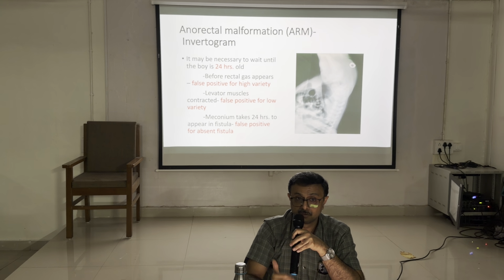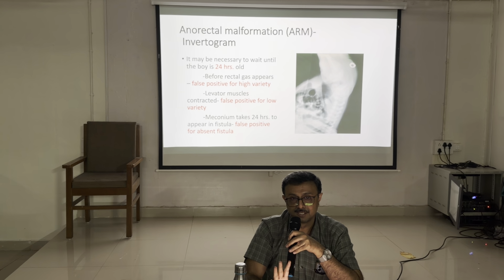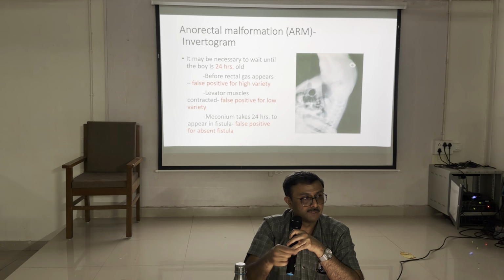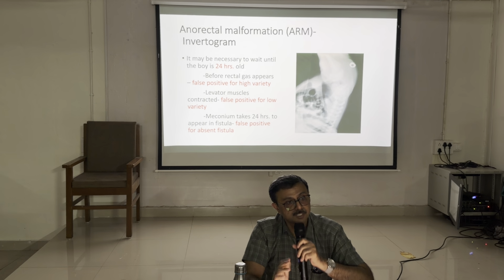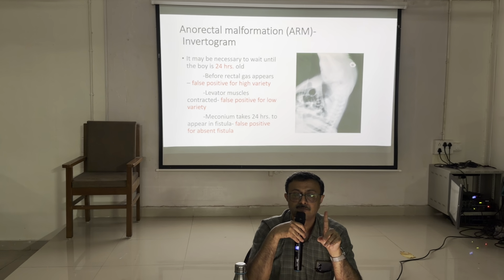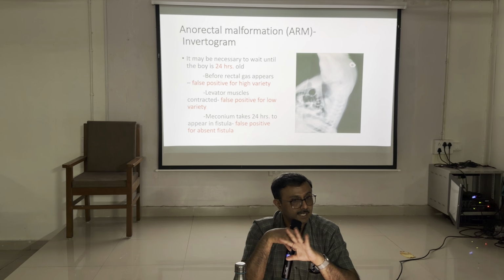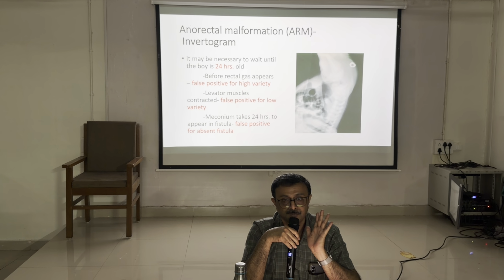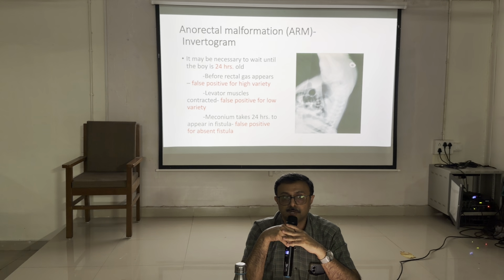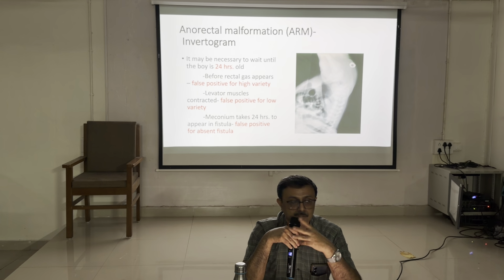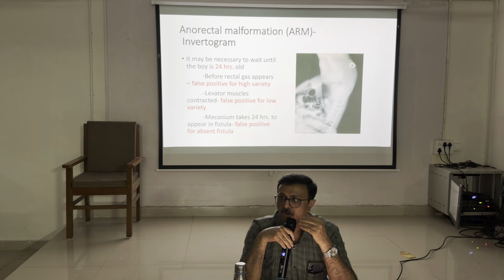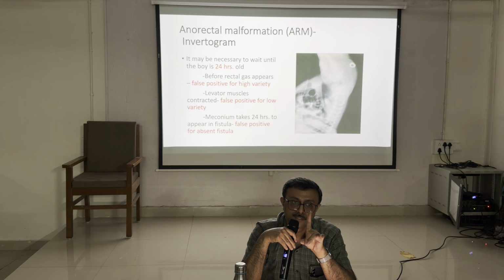If atresia is low level, we can do single step surgery. Just pull it and do anoplasty. Here the sphincter works. The pelvic floor is very well developed and the sphincter is functioning in the low variety. In the high variety it is not guaranteed, so high variety is difficult. In high variety sometimes it is done in 3 stages. But nowadays all anorectal malformations are done in single stage.